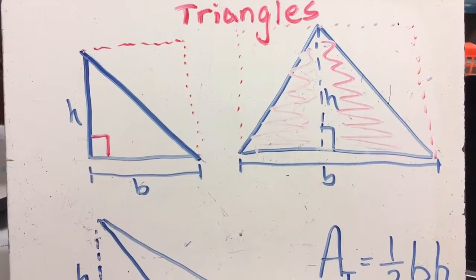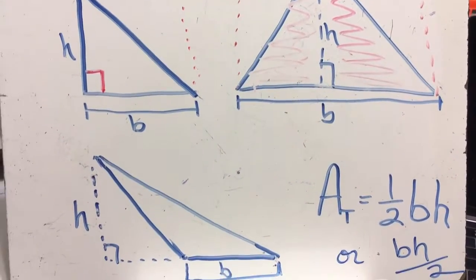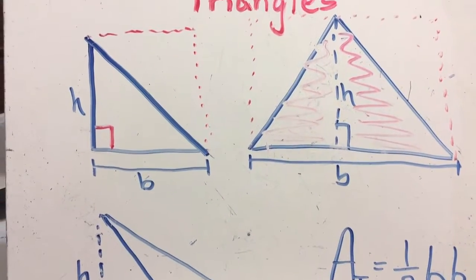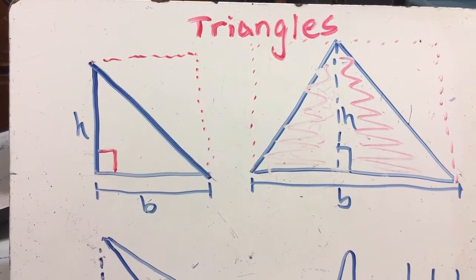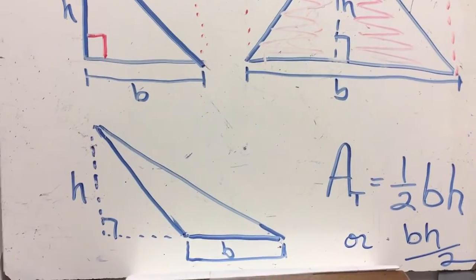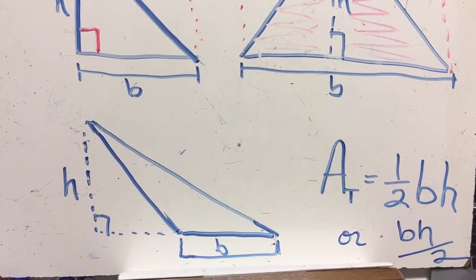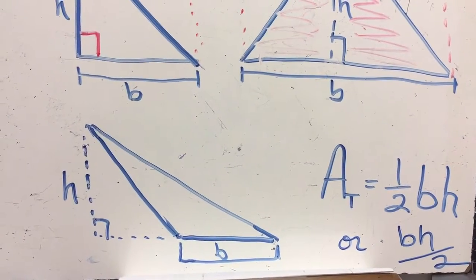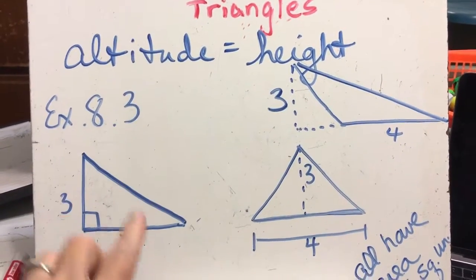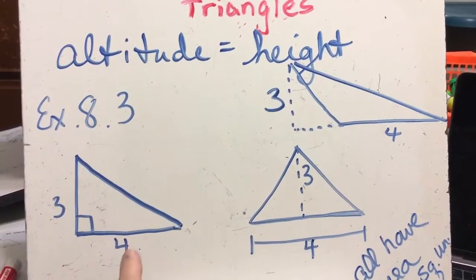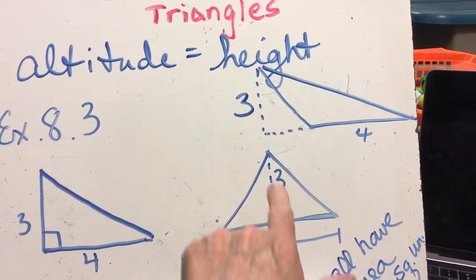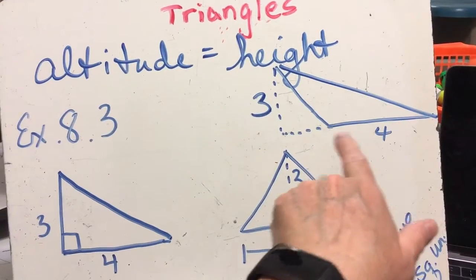Before I erase that board, I wanted to give you a really good look at it, because those are the 3 types of triangles that we'll be playing with. And the area of all 3 is 1/2 base times height, or base times height divided by 2. This is example 8.3. Notice that we have drawn 3 triangles: one right, one that has a height that goes right through the middle, and then one that has the height outside.